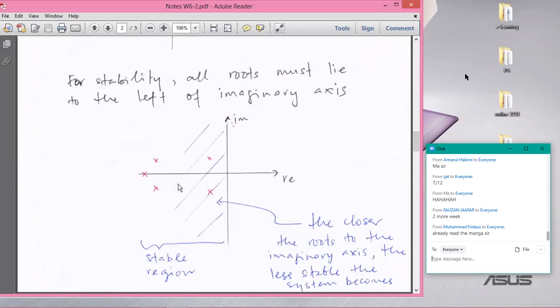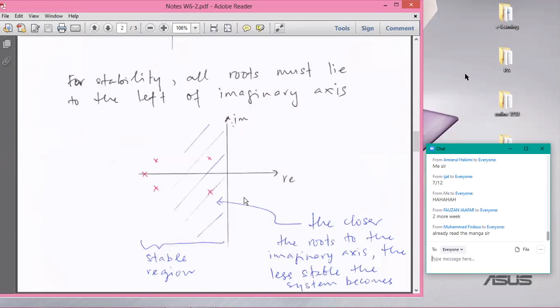Sometimes people call the roots that are further away the non-dominant roots, the roots that have no significant influence on the behavior of the system. So the behavior of the system we just approximate with the dominant roots, which are the roots closer to the imaginary axis. You don't want the root to go to the right of the imaginary axis because then the system will become unstable.